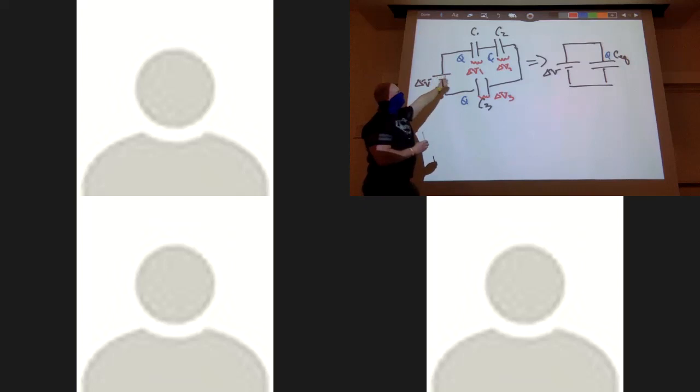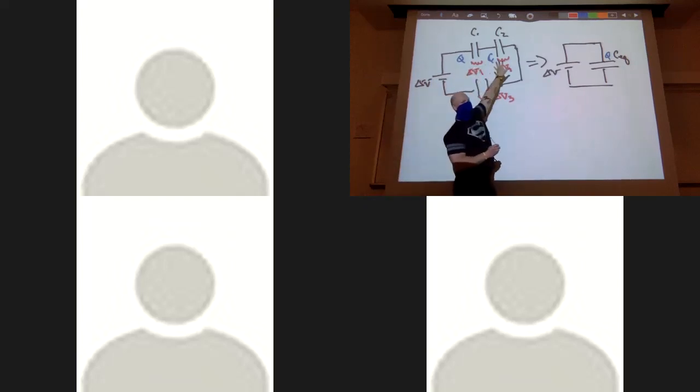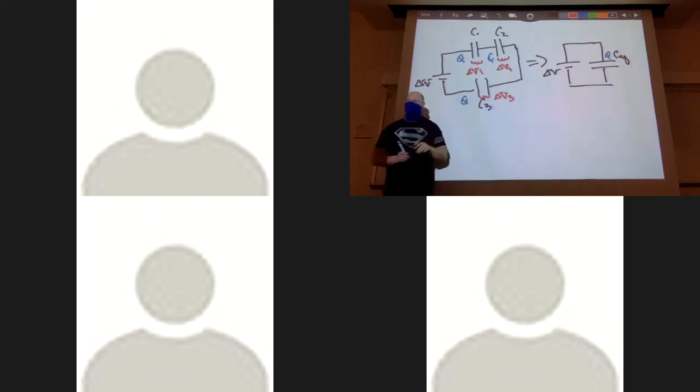But what must be true about the potential difference here plus here plus here? What must they sum to? What's providing the potential? The battery.